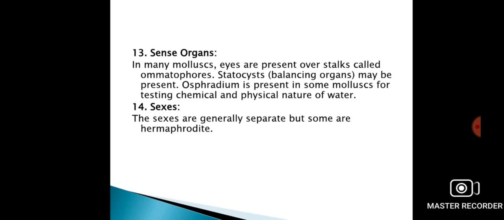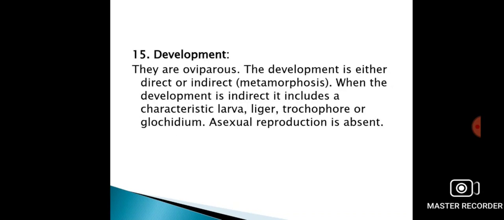In case of molluscs, sexes are generally separate, but some molluscs are hermaphrodite. Molluscs are oviparous animals, means mostly they are egg laying. The development is either direct or indirect.